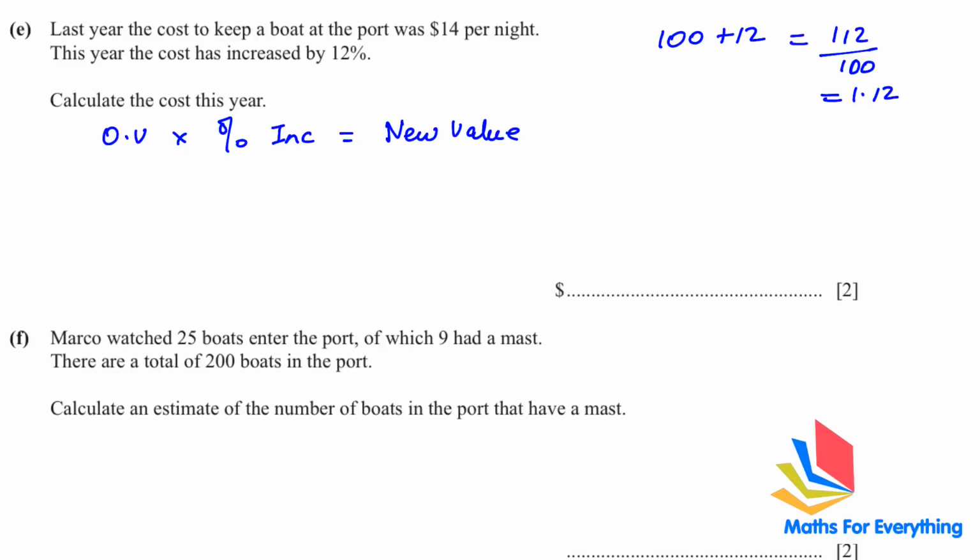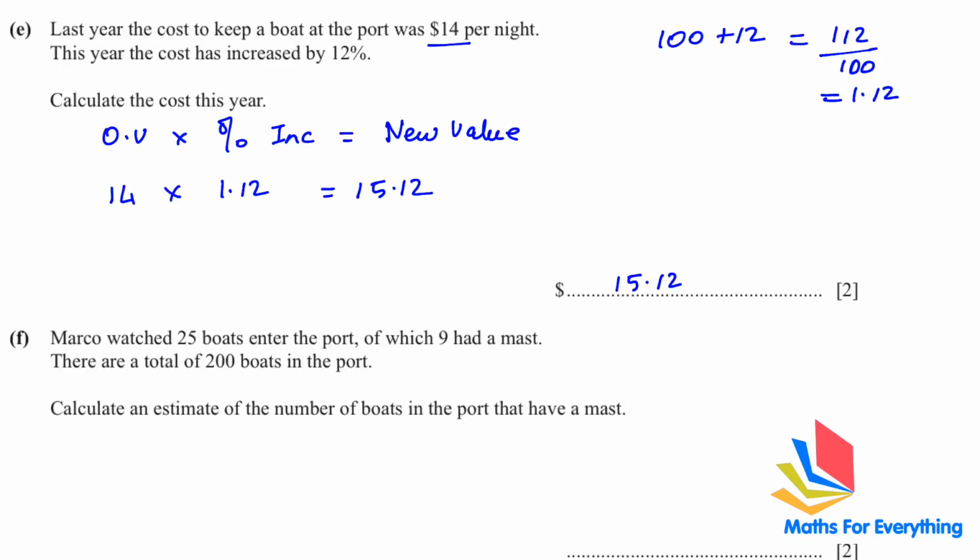That will give us 1.12. Our value is $14 and our increase percentage is 1.12. This will give us $15.12. If the question was about decrease, then instead of putting a plus here, we will put a minus. But the same formula we use. Sometimes they give you the new value and you have to find the original value. Again, this is the formula that you use.